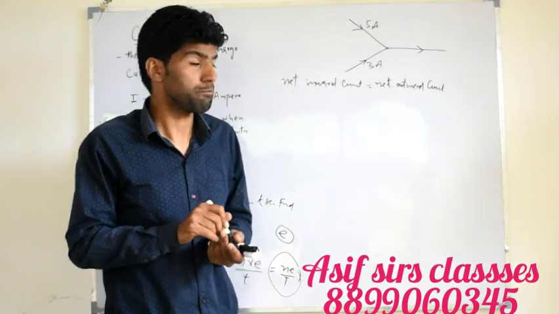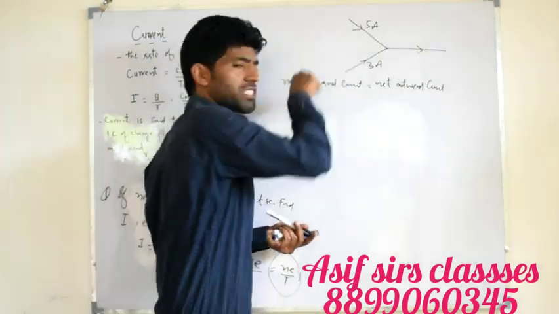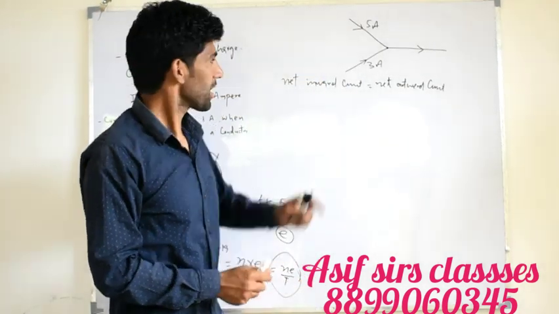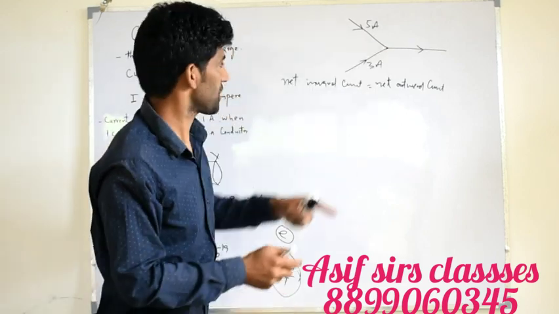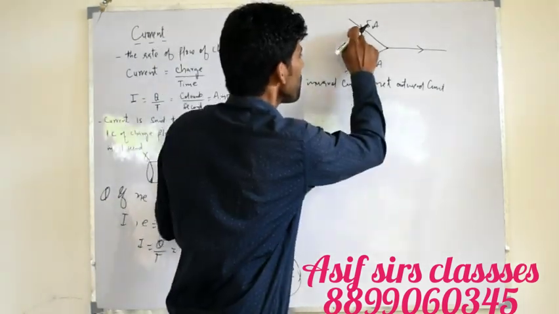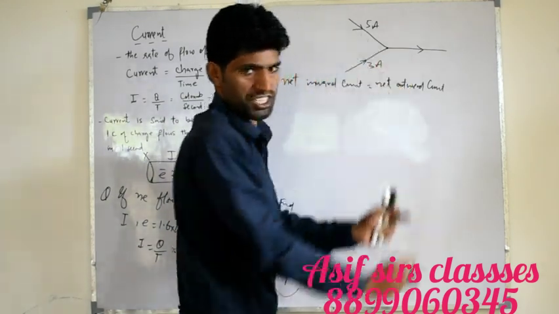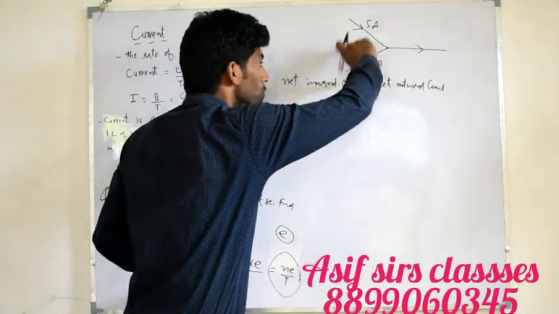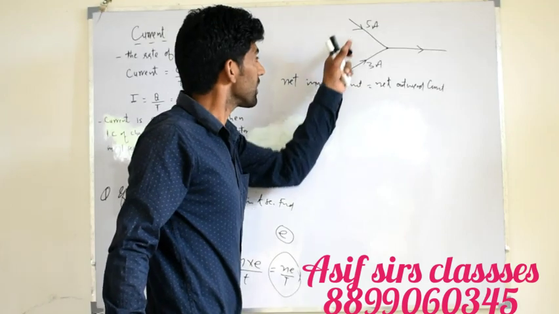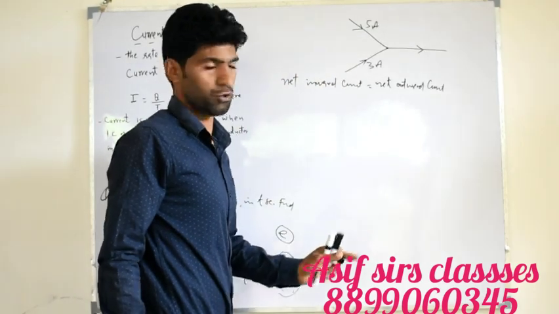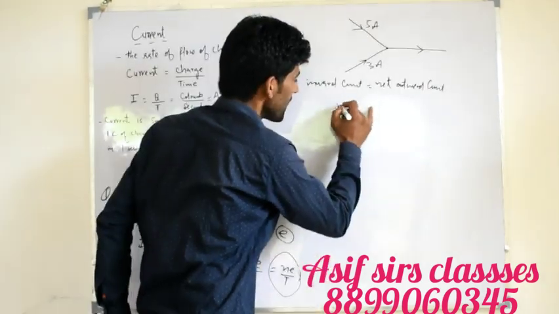Inward current means current coming towards the junction. Just see here, 5 ampere is coming towards the junction and 3 ampere is coming towards the junction. That is the total inward current.